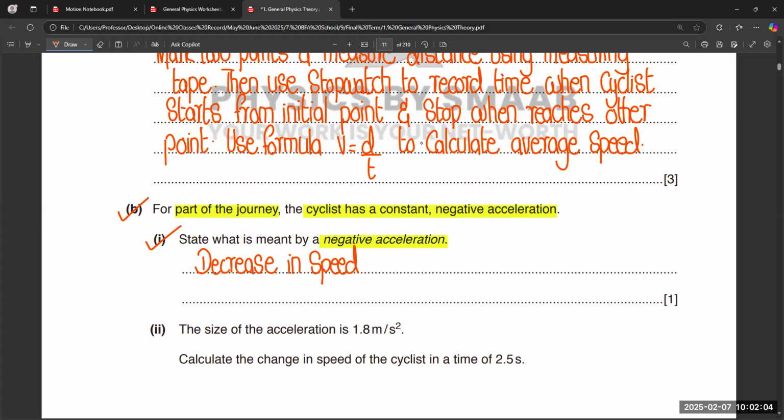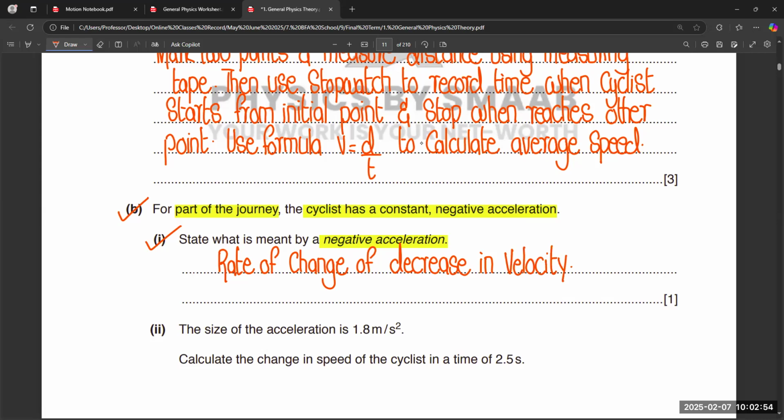Decrease in speed. Or in other words, we can say rate of change of decrease in velocity.